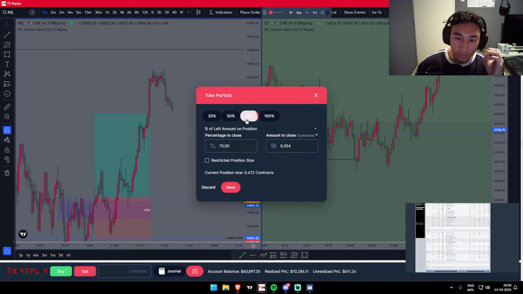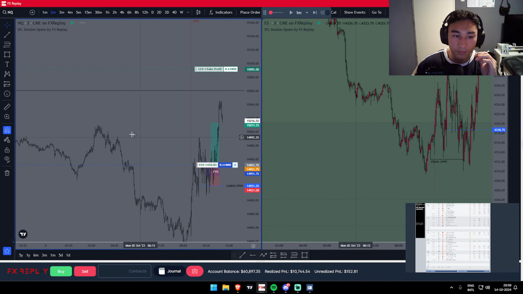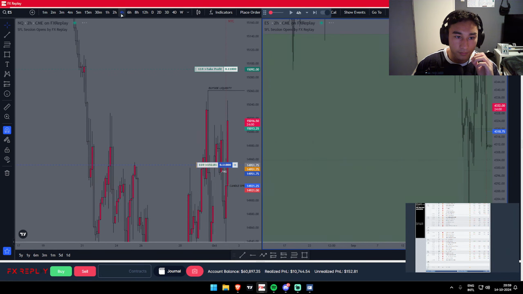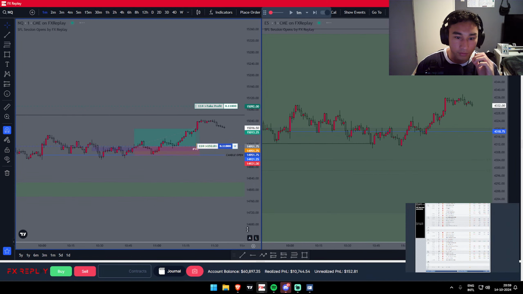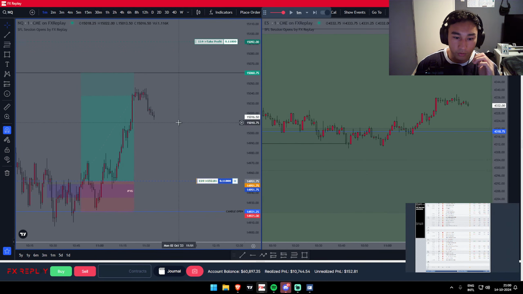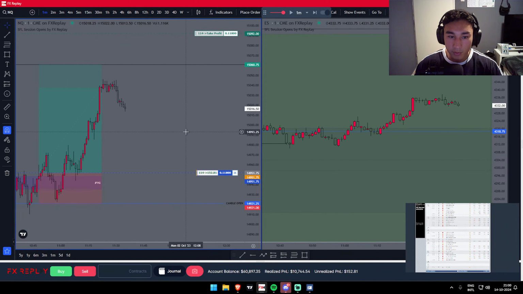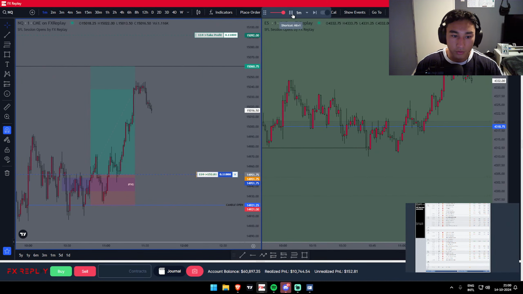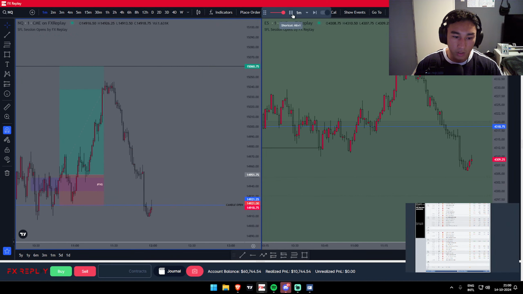Yeah, so 75% off here at the 1 and 2. And this is my draw liquidity, which also would be my full TP. Yeah, let's see. Which is a 1 and 3. So either break even, TP, or market closes. So let's see. And that's a break even.